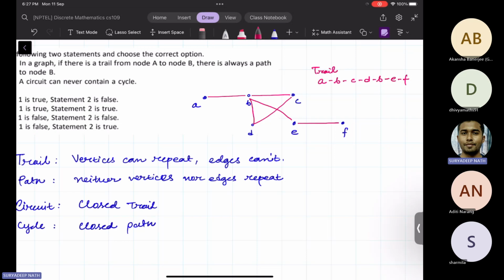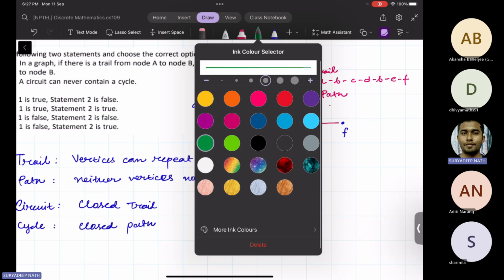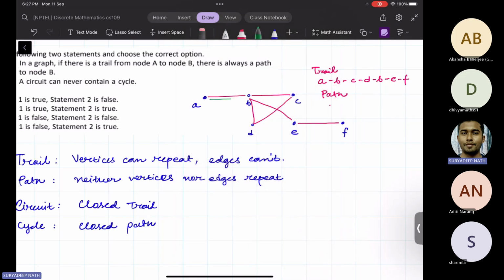So Akanksha says that yes, there is a path A, B, E, F. So you go from A, B, E, F. This is definitely a path that you have.